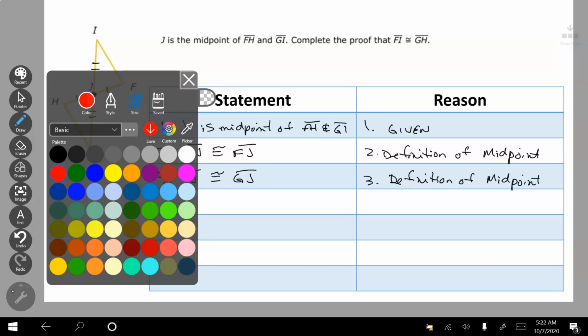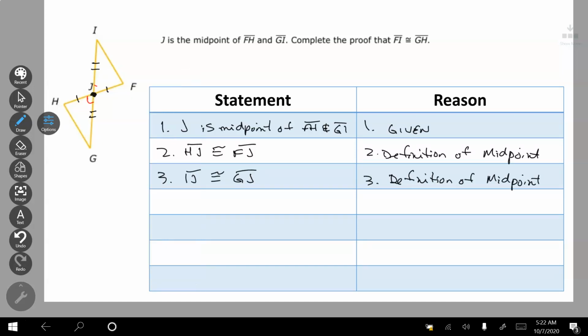But then I have this angle here and this angle here are congruent. So angle HJG is congruent to angle FJI because they are vertical angles. Please remember those vertical angles. So now I have tick, angle, double tick, tick, angle, double tick.